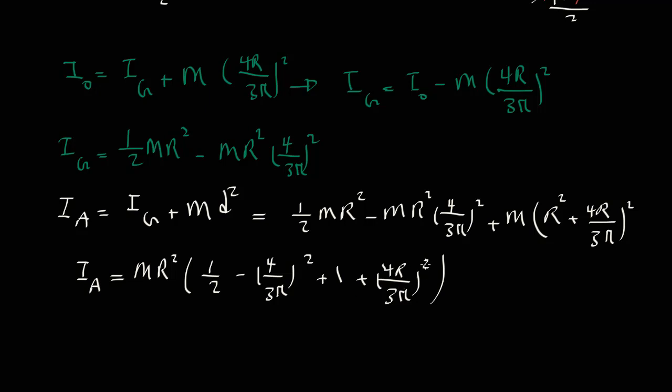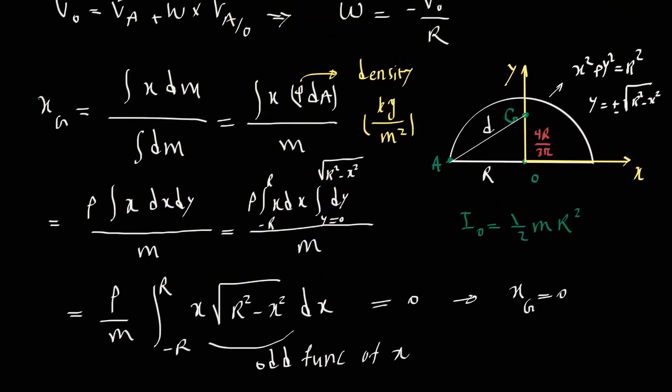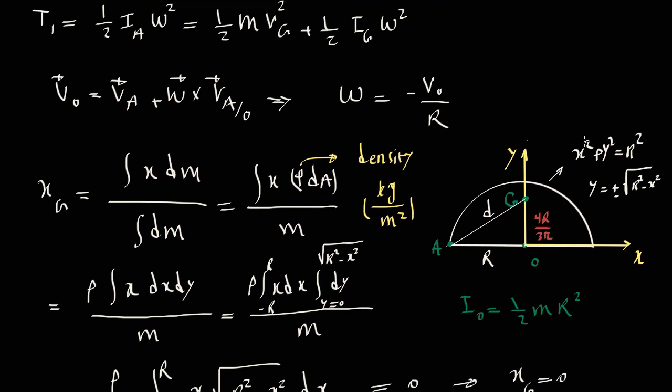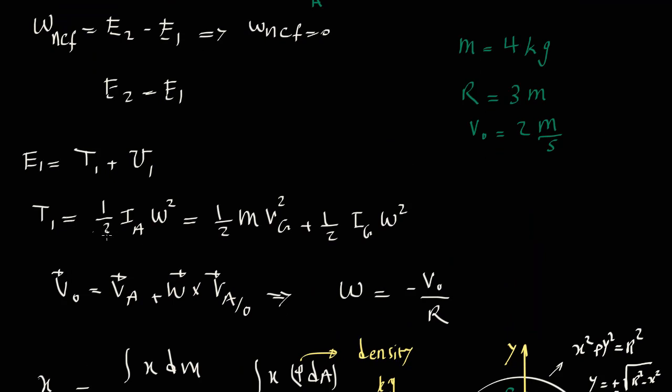So we can cancel out these two with each other, and we get 1 over 2 plus 1, that's 3 over 2, so this would be 3 m r squared over 2. So that's IA.